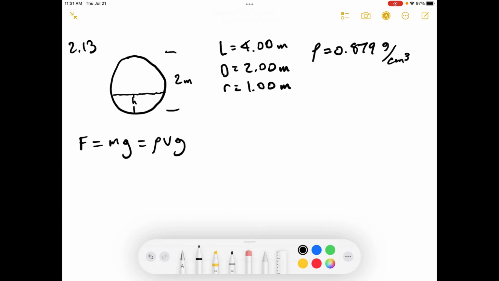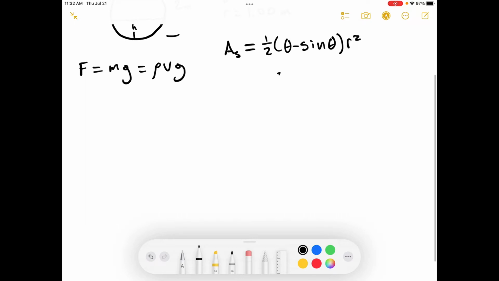The formula for the area of a section of a circle is equal to 1/2 (theta minus sine theta) r squared. You can just Google this.